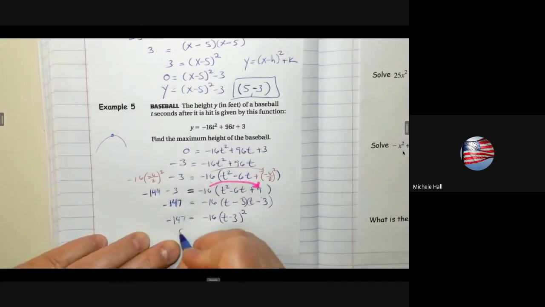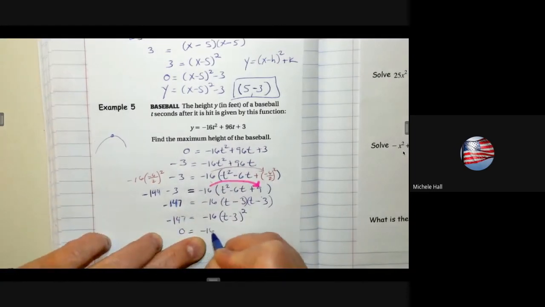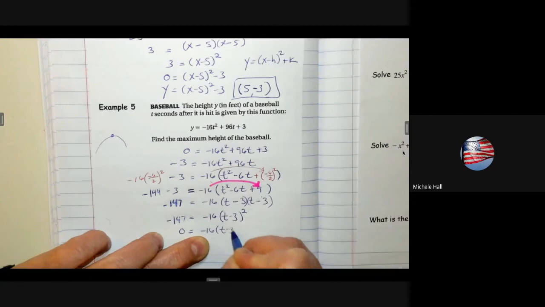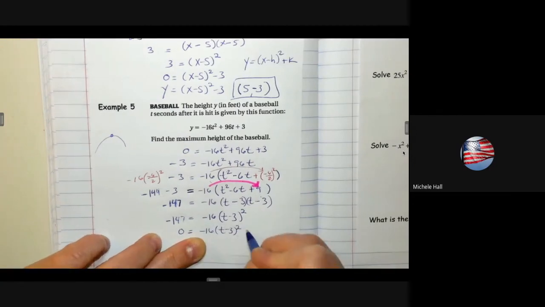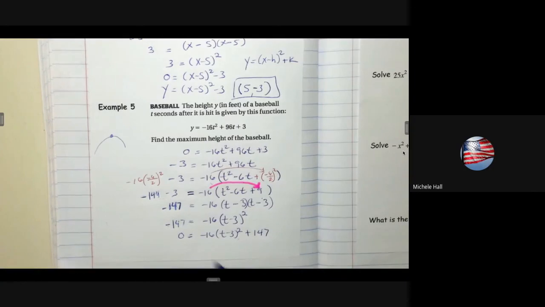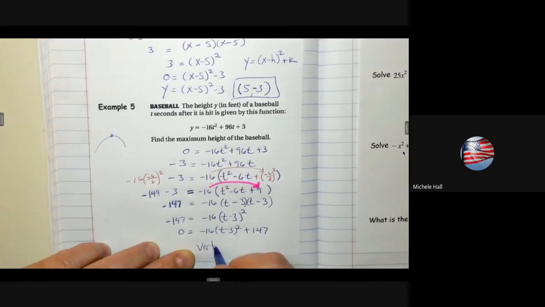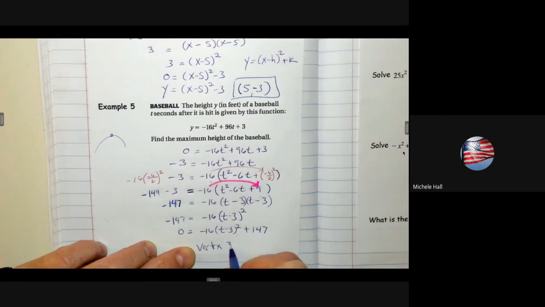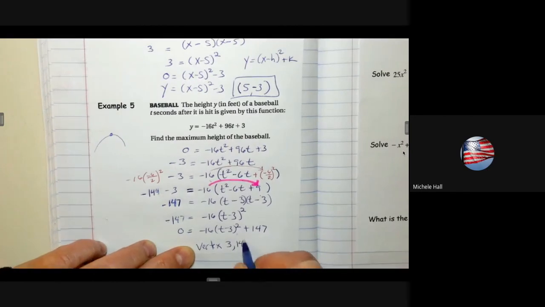So we have 0 equals negative 16 times t minus 3 squared, add 147 to both sides. And now I can see that the vertex is at 3, 147.